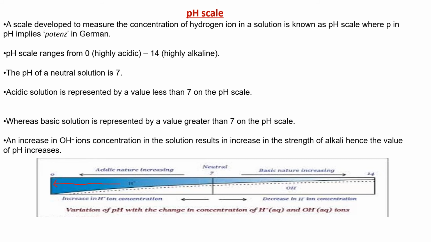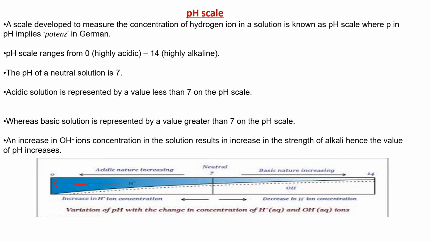This blue color shows the hydrogen ion concentration. If you move towards the left, from 7 to 0, the color is getting darker and darker. That means hydrogen ion concentration is increasing, so that particular solution is very, very acidic.